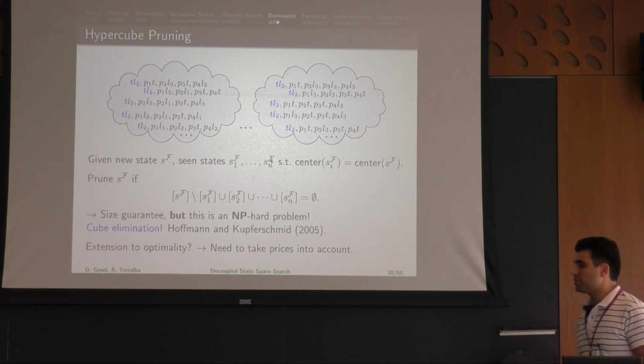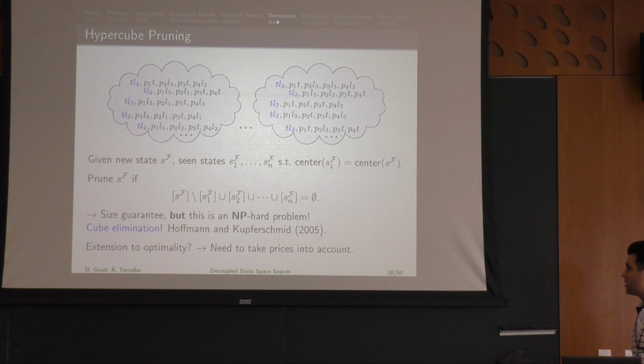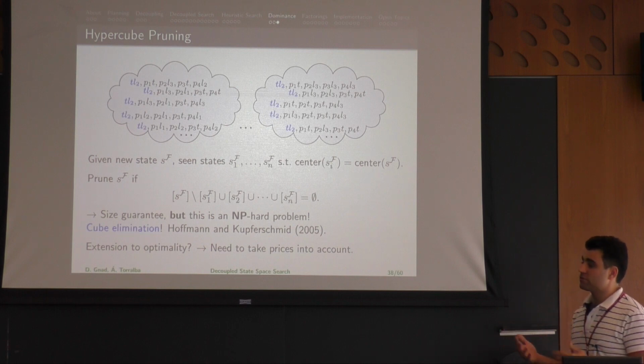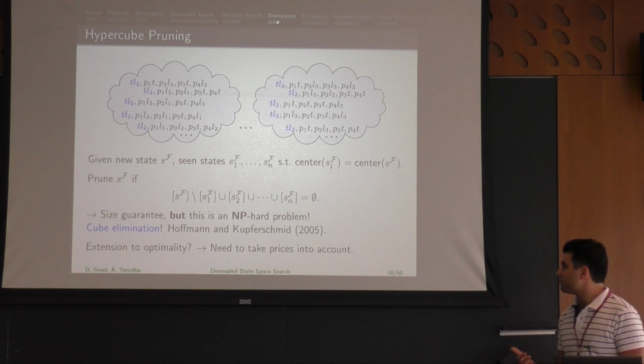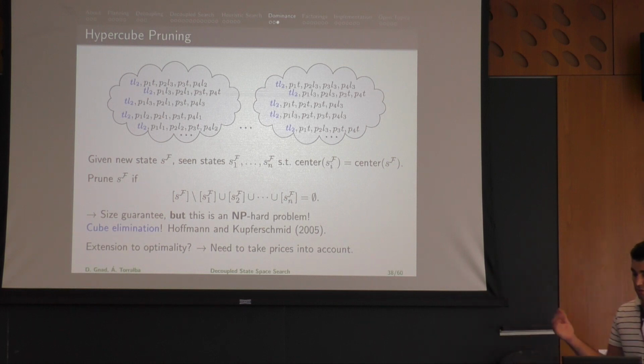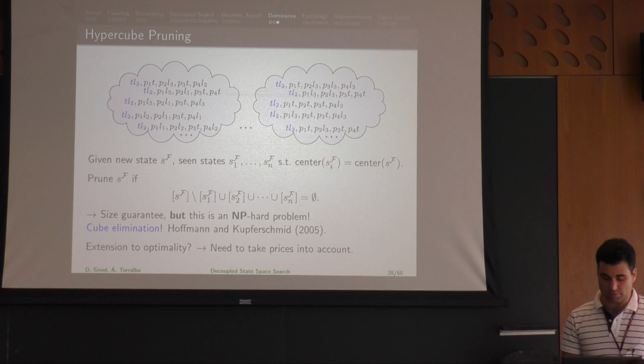If you want to guarantee optimality, you will even need to take the prices into account. So we are not going to go into this here. We have also worked on some other more advanced dominance criteria for decoupled states, but it's not the purpose of this tutorial to go into that.